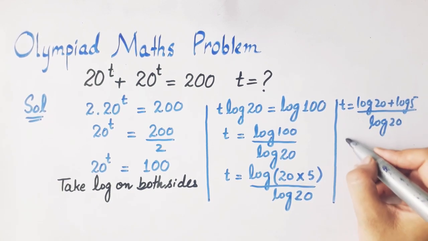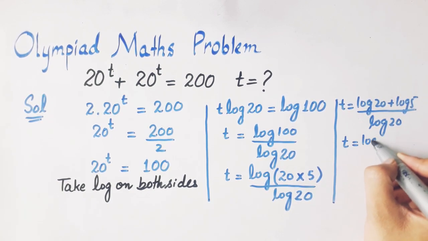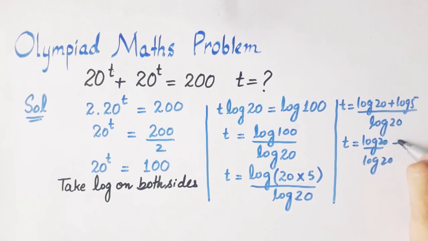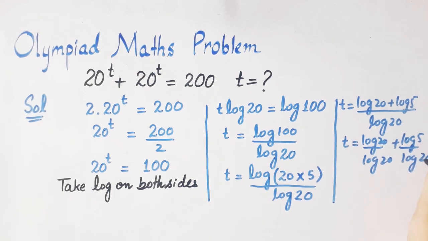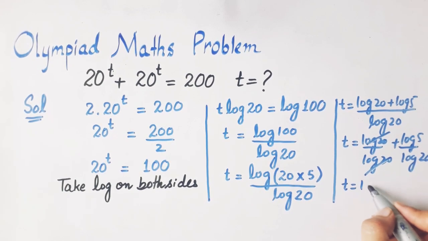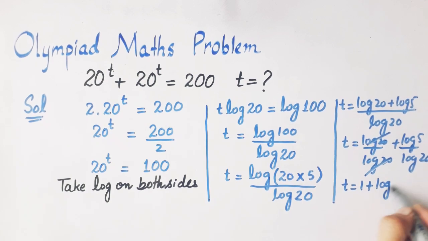Now we have t equals log 20 divided by log 20 plus log 5 divided by log 20. This and this are cancelled out, so t equals 1 plus log 5 by log 20.